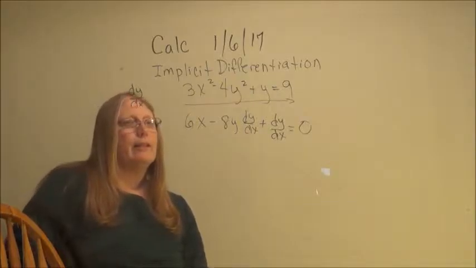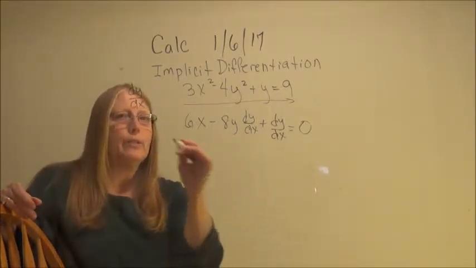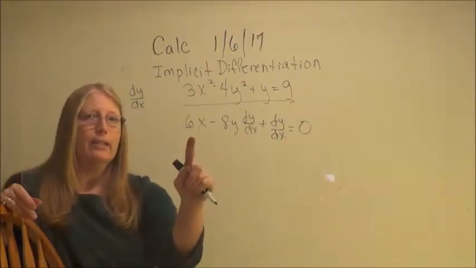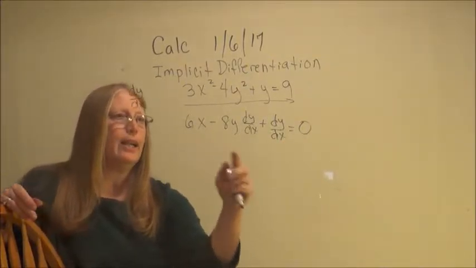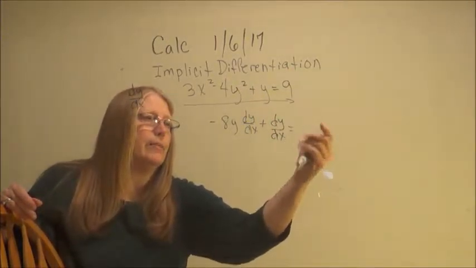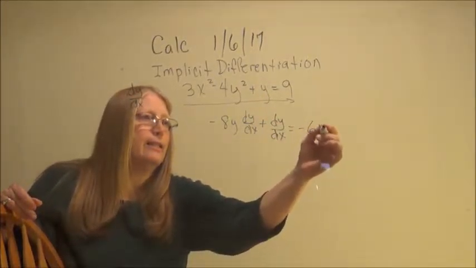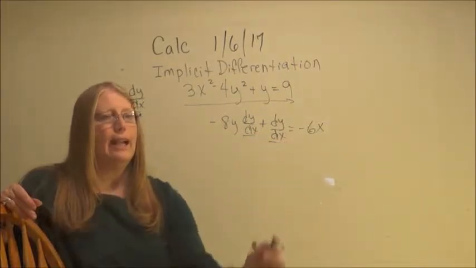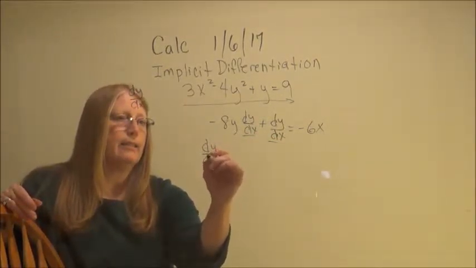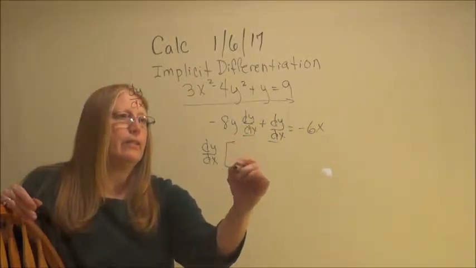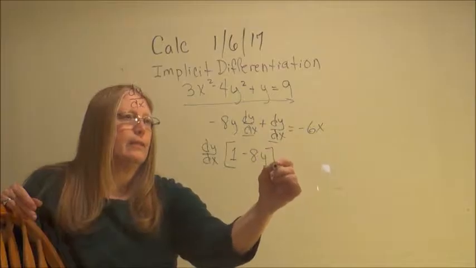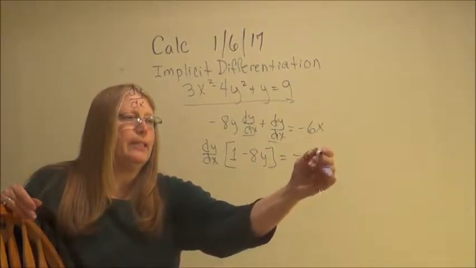So we recall then, since we're looking for dy/dx, these two terms have dy/dx in them, so we're going to move this one to the other side. Moving it over here, I get minus 6x. I'm going to factor out the desired term dy/dx, and that leaves, I'll put the 1 first, it's more visually pleasing.